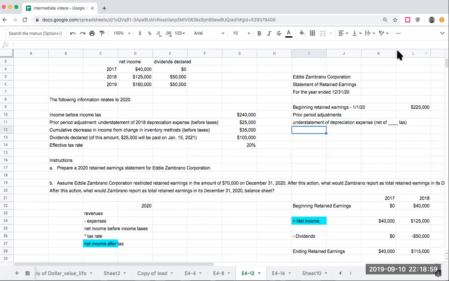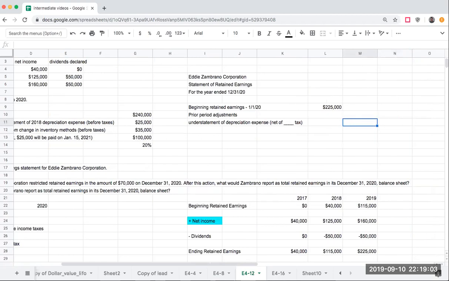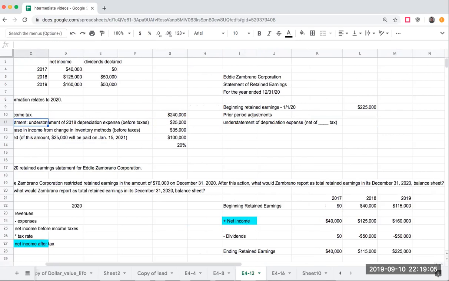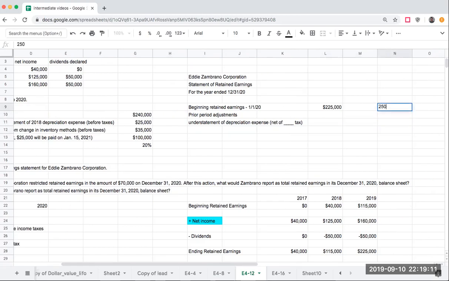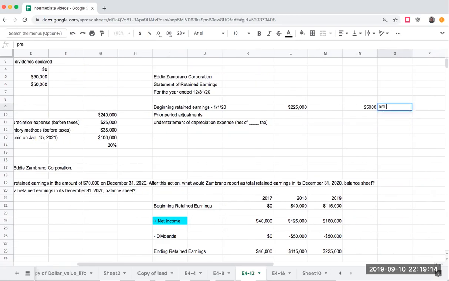So what I need to do with this particular one right here is that the amount was $25,000 before tax. What was this amount after tax? Well, $25,000 is pre-tax, okay? My tax is going to be 20% of the $25,000.